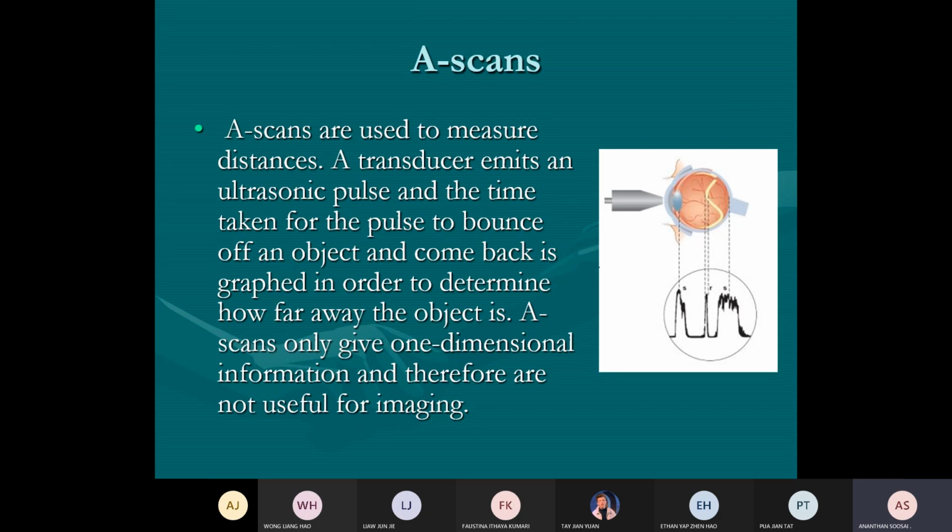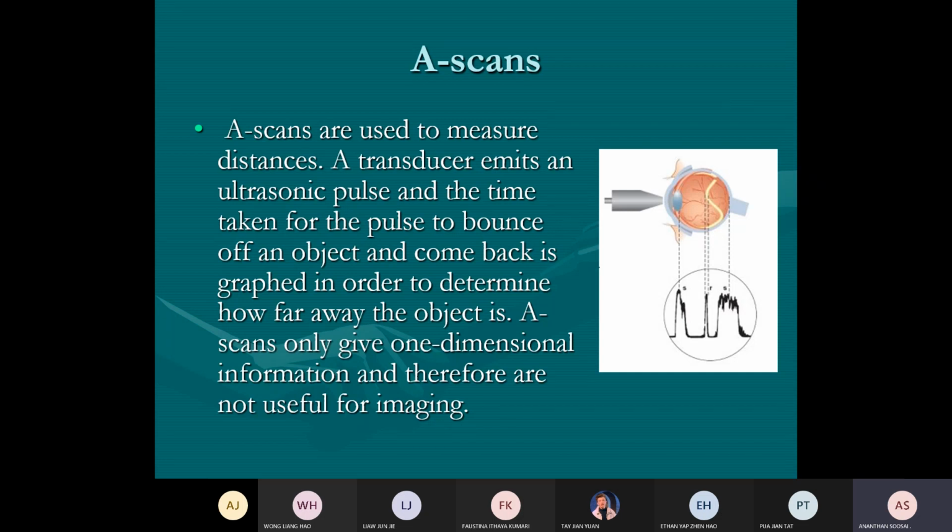A scan is used to measure the time taken for the pulse to rebound and come back, in order to determine how far away the boundary is. A scan only gives one-dimensional information: how far away the boundary is, from soft tissue to the bone layer, how far from the surface.